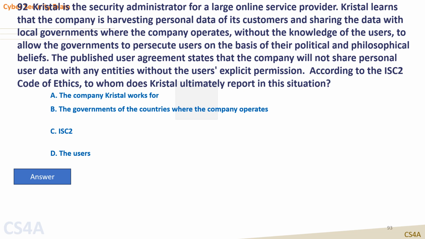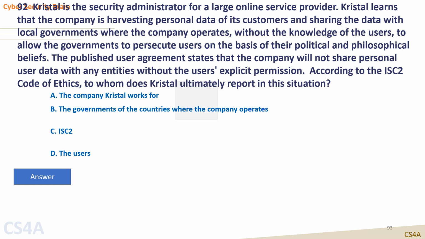Here the question is Crystal is a security administrator for a large online service provider. Crystal learns that the company is harvesting personal data of its customers and sharing the data with local governments where the company operates, without the knowledge of the user, to allow the government to persecute users on the basis of their political and philosophical beliefs. The published user agreement states that the company will not share personal user data with any entity without the user's explicit permission.